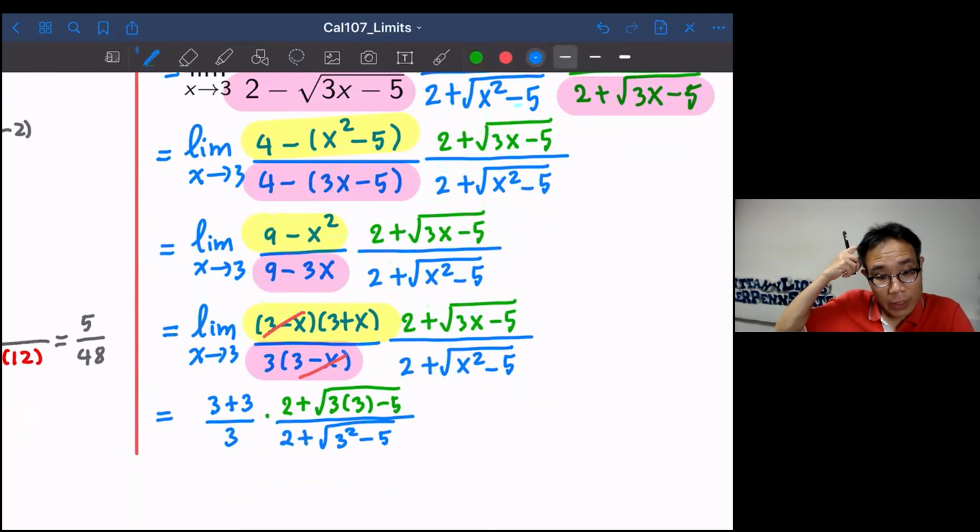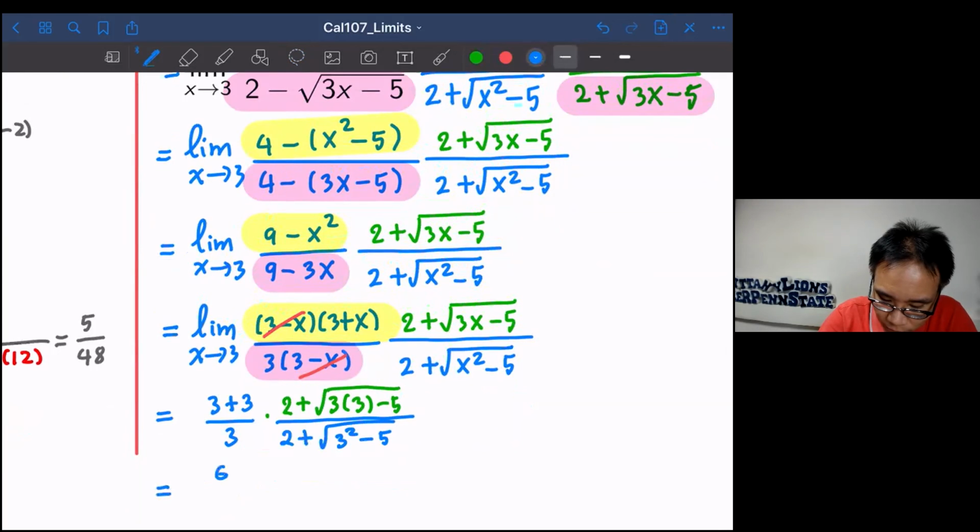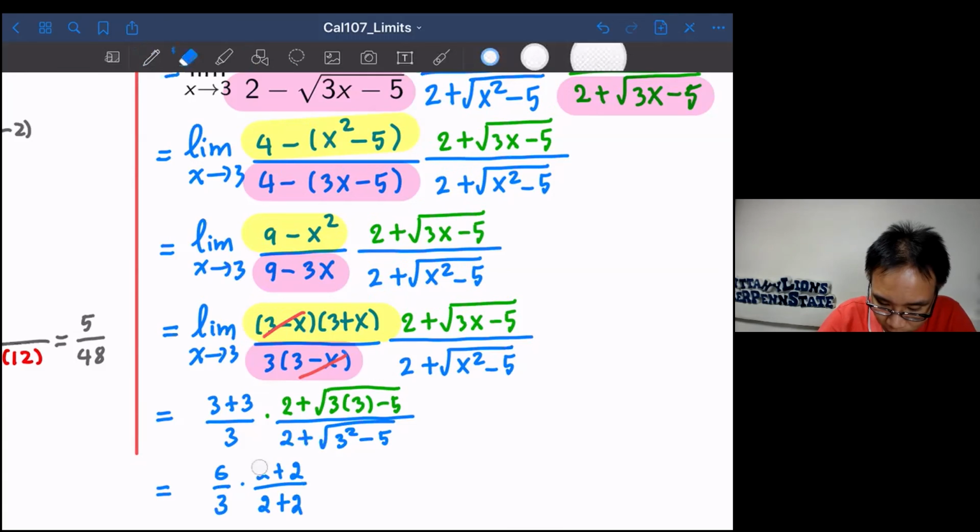And then you see that this will be 6 over 3, and you have 2 plus 2 over 2 plus 2. This guy should be the green one.